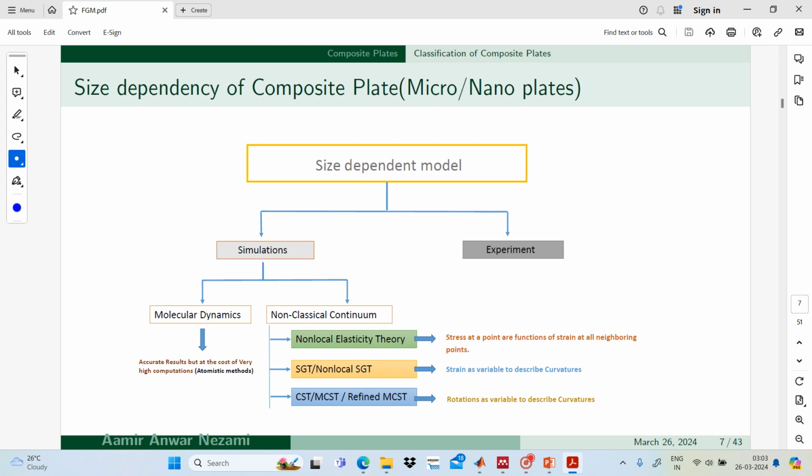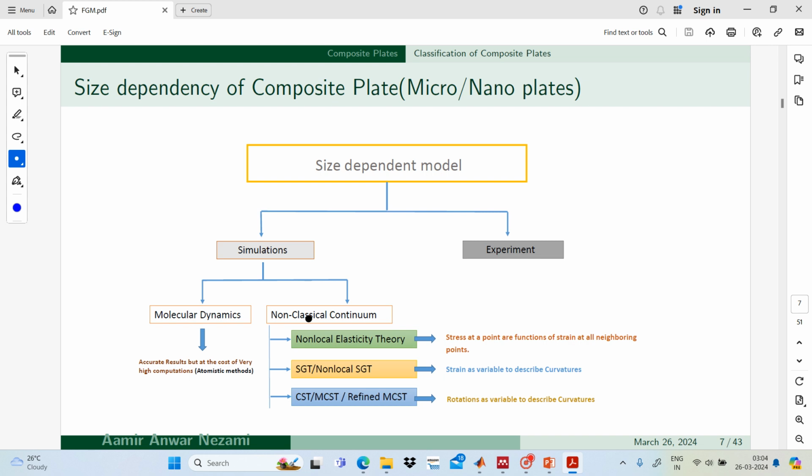Now we will see the size dependency of the composite plate. So micro nano plates also. So here that is the size dependency. What is there? One process is the simulations and another is the experiment. One simulation process is the study of molecular dynamics.